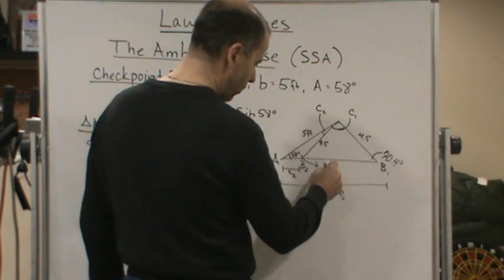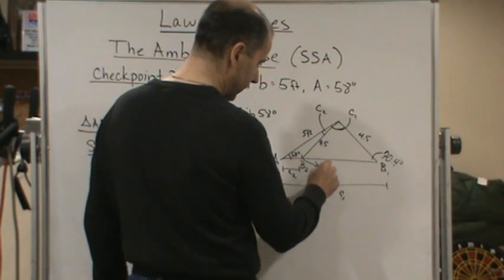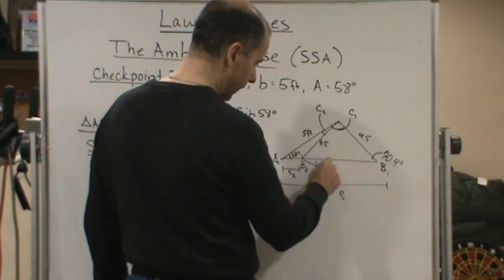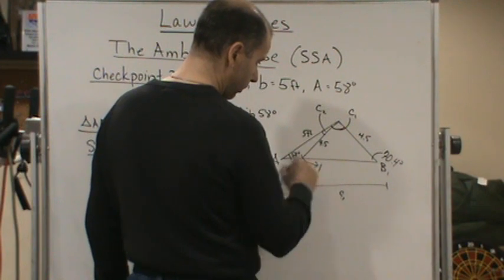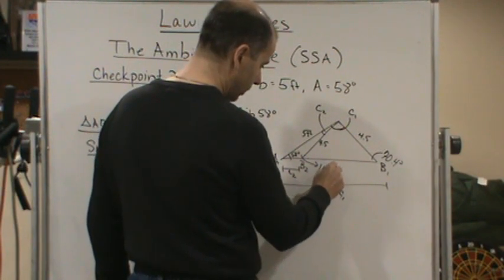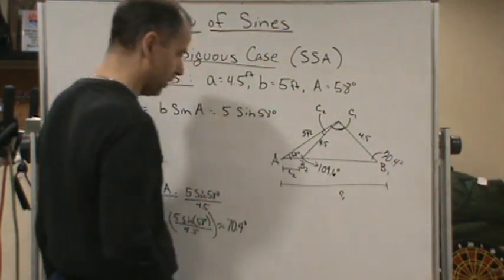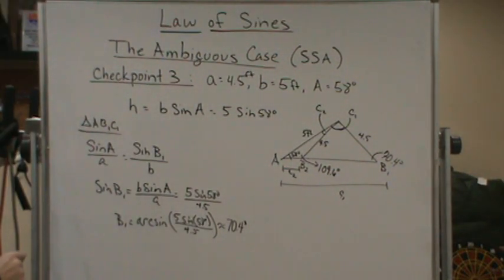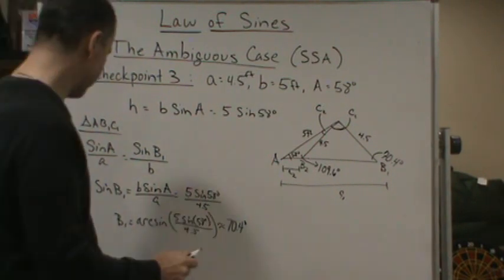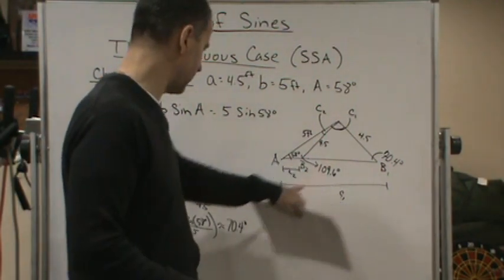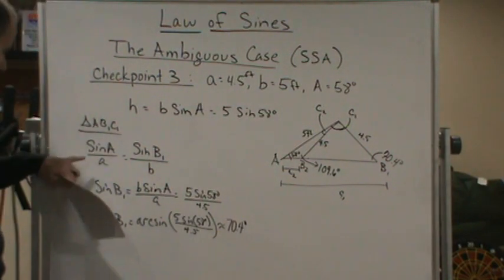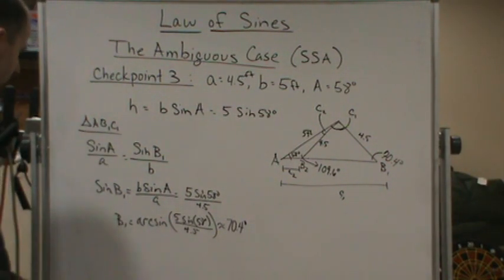So B2 is going to equal 109.6 degrees. All right, so we got B2 here, but let's stick with B1. So we got A, we got B1.